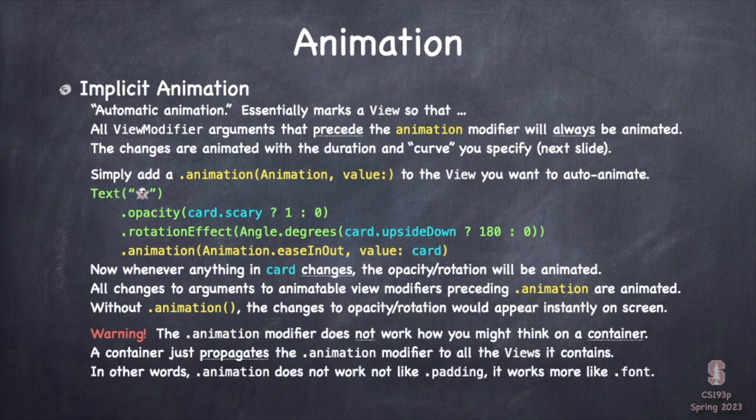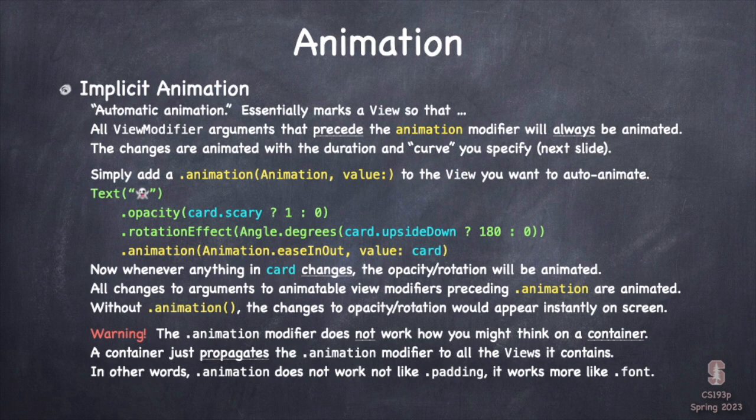This warning: dot animation, implicit animation, works more like font and less like padding. So if you put dot animation on a VStack, it's almost like you put dot animation on everything in the VStack. It propagates in. And that can be a little confusing. To be honest, we don't usually put dot animation on a VStack. That would be unusual.